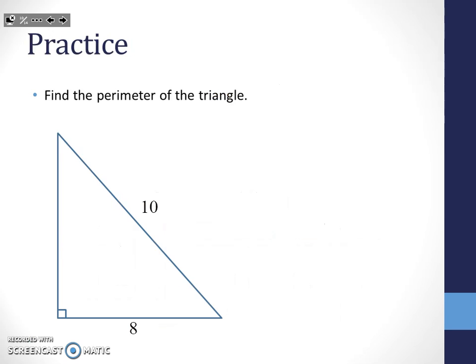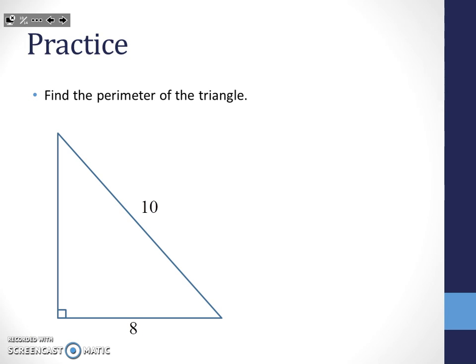So for example here, let's say they write down a problem. They say find the perimeter of this triangle. Now I'm looking at it, it's got a hypotenuse of 10, one of its legs 8, and I need to find the other leg. So the ACT is probably expecting you to take the time to do the Pythagorean theorem.